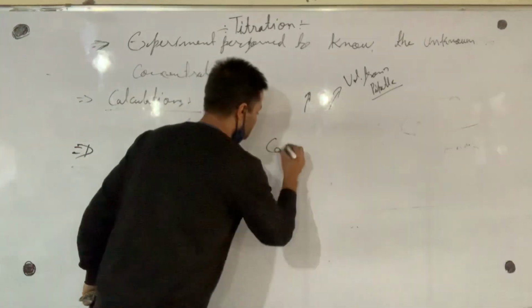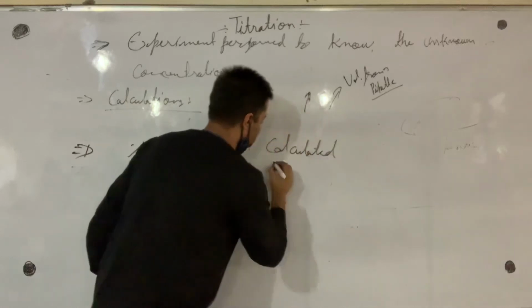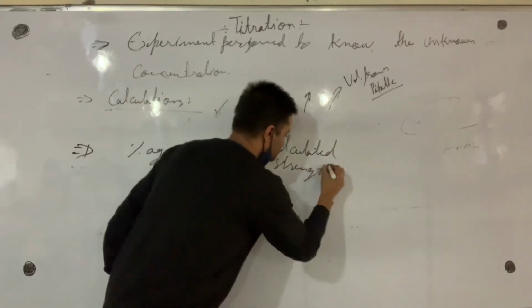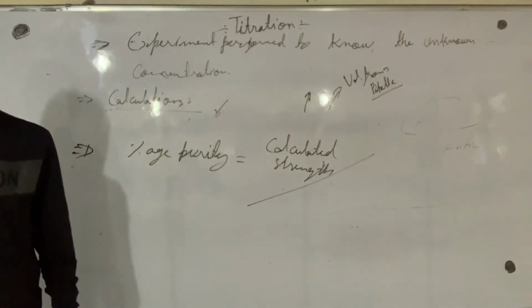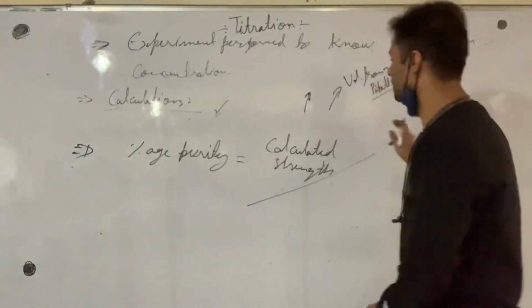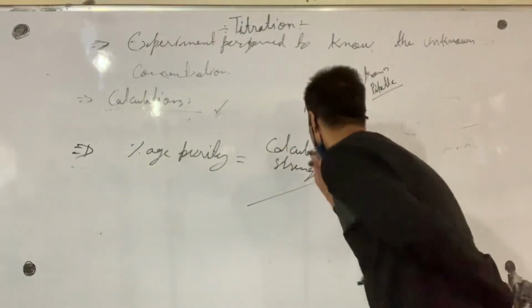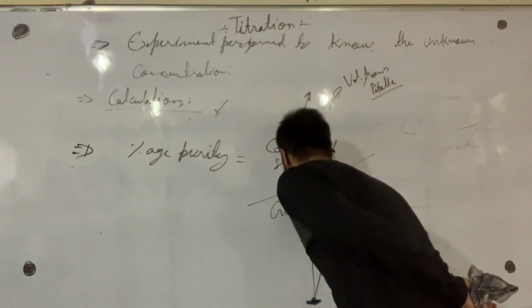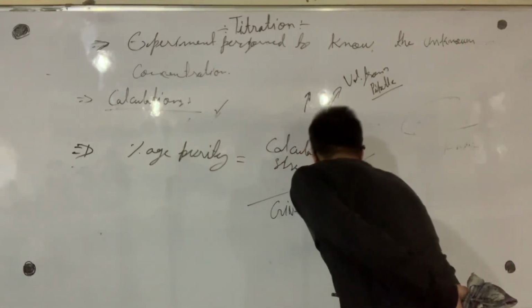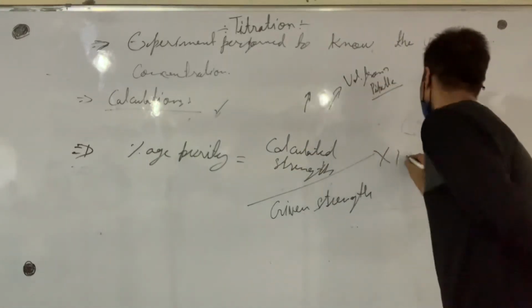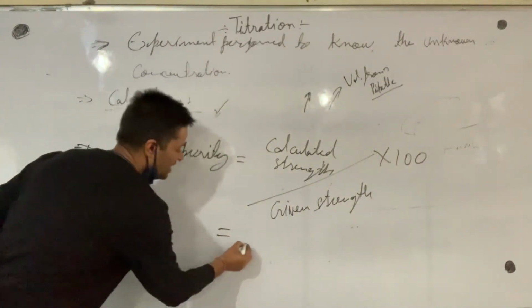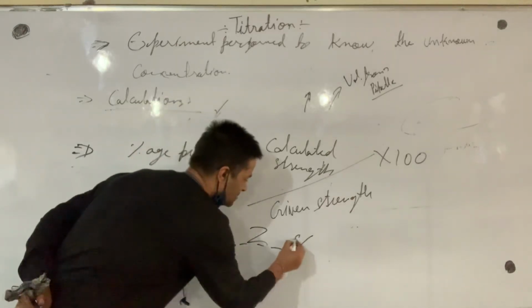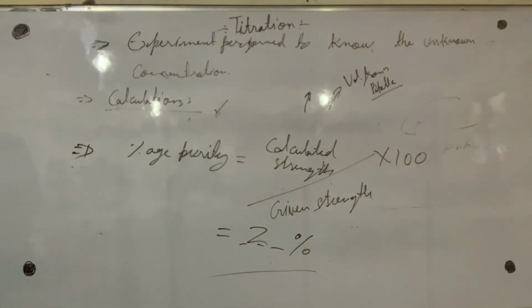Calculated strength upon given strength. As I told you, strength will be given in the question also. And the unit of strength is gram per liter. Remember that. Calculated strength upon given strength into 100, because it is percentage. And your answer will be, suppose it is Z%. Only these three things are asked. Got it? Yes, sir.